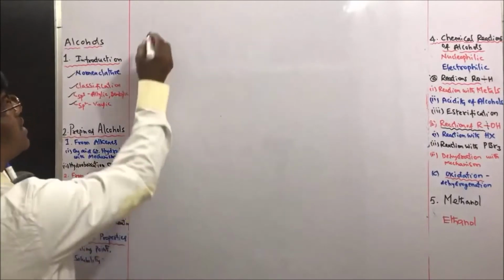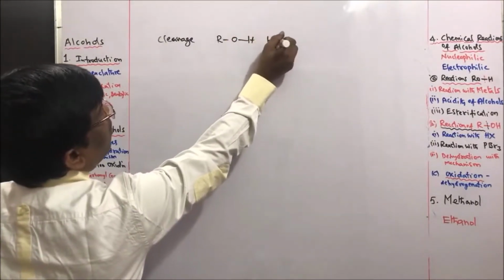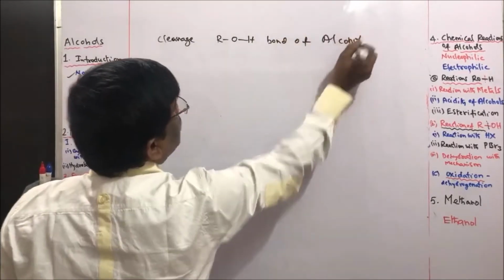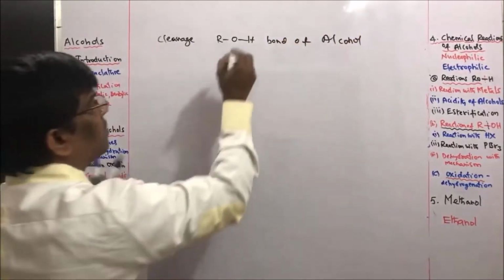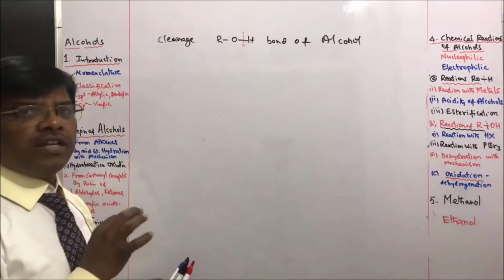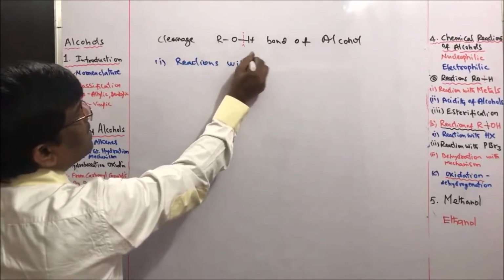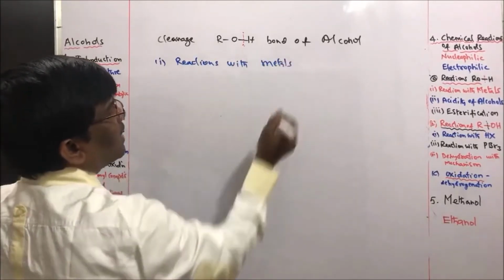Yes friends, so the first criterion is cleavage of the oxygen-hydrogen bond of alcohols. Due to this reaction mechanism, it breaks at this position. It forms salts with metals, reactions with metals to give important synthetic reagents.